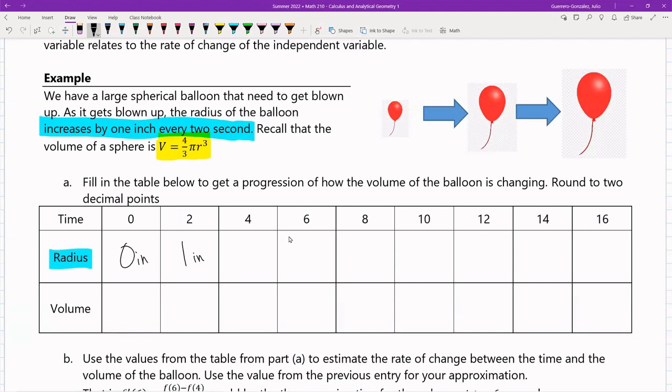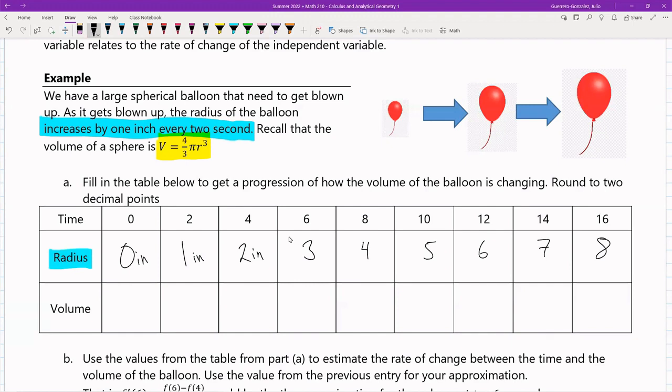Okay. At 4 seconds, this should be 2 inches, right? So that's 2 seconds, and it grows 1 inch every 2 seconds. Should make sense from here on out, right? This should be 3 inches, 4 inches, 5 inches, 6 inches, 7 inches, 8 inches.